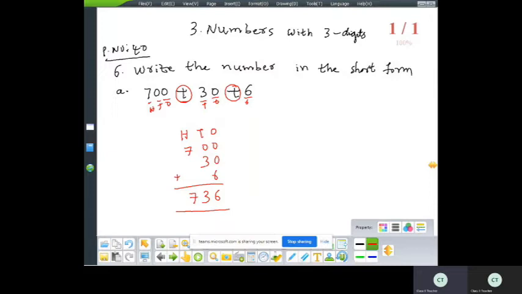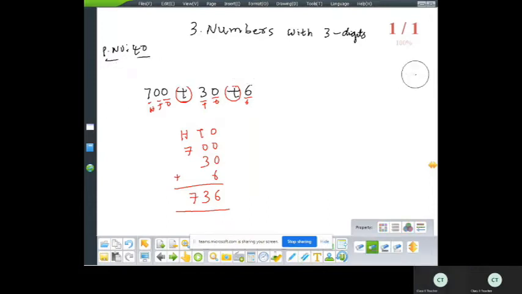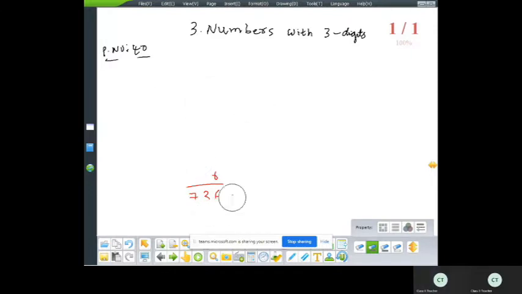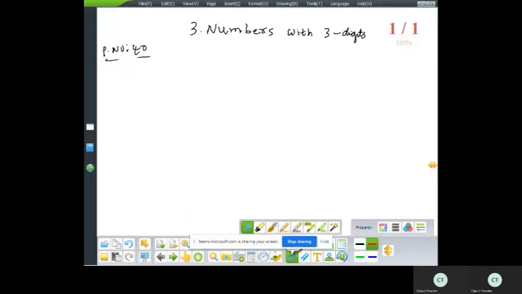Expand the given numbers and write each one in words. Question number 7, page number 41.